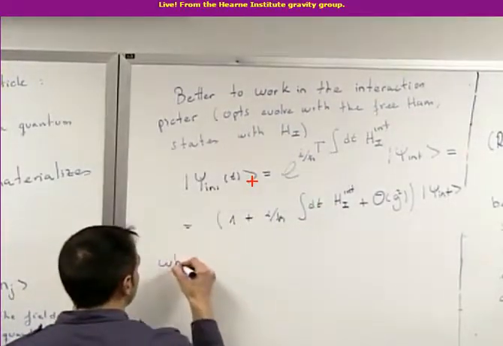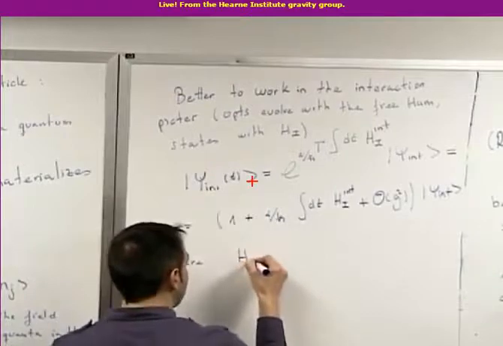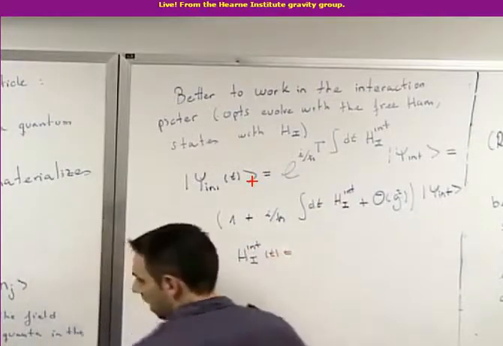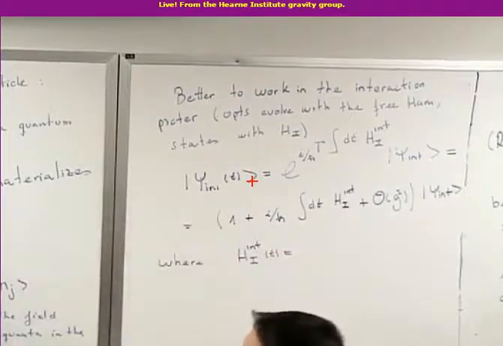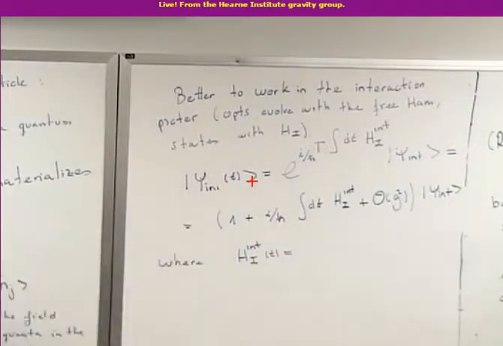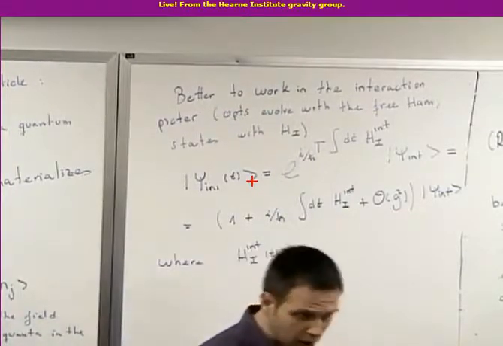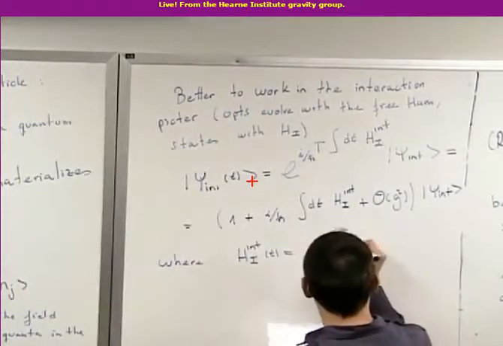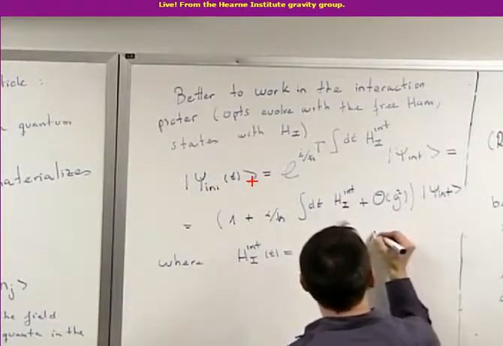Where the interaction Hamiltonian in the interaction picture depends on time, and it's just the interaction Hamiltonian that I wrote before over there, where the operators evolve with the free Hamiltonian. So it's going to be G, the M operator.